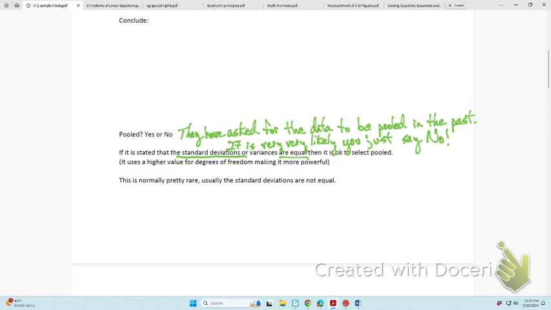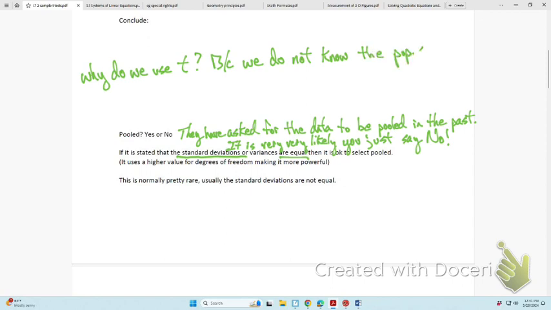The other thing is, why are we using T? We answered this a few weeks ago. It's because we do not have or know the population standard deviation, sigma.